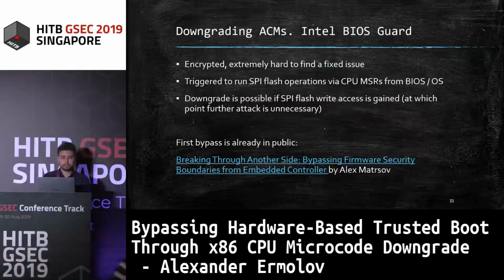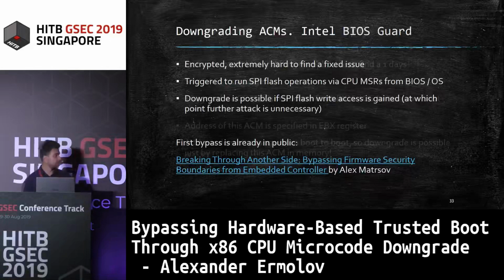The downgrade is possible if you manage to gain SPI flash write access, which is also unnecessary, because if you gain this SPI flash write access, you have already bypassed the BIOSGuard. That's why the point is to attack only the implementation of BIOSGuard. The first bypass of the Intel BIOSGuard technology is also public. You can read this work by Alex Matrosov.